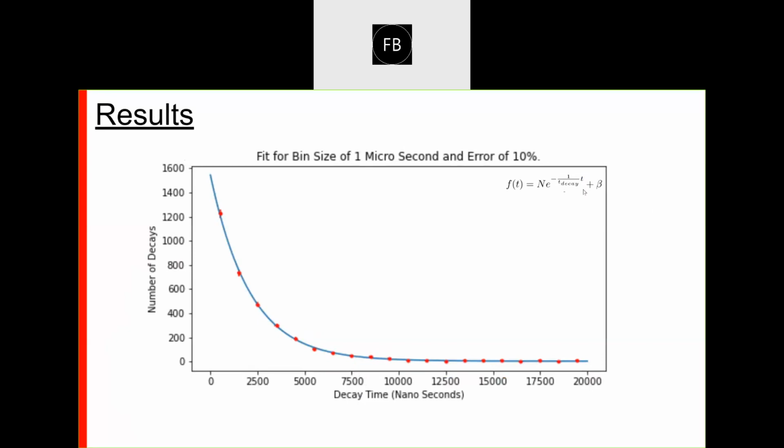You'll see this on the next slide. And now we're fitting with that relation where f of t is N, and N is N0 before. And then there's this beta term, which accounts for background radiation, and it's a vertical shift up.